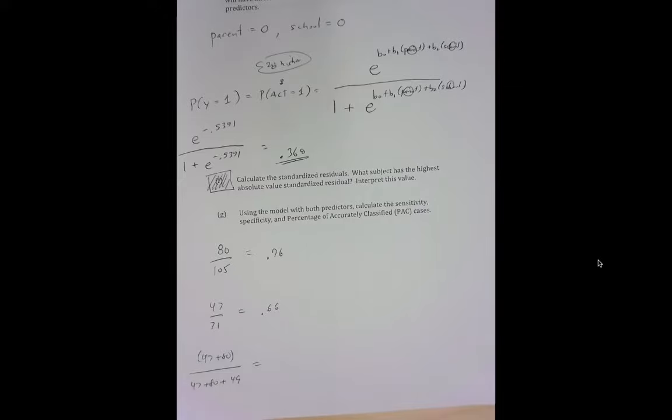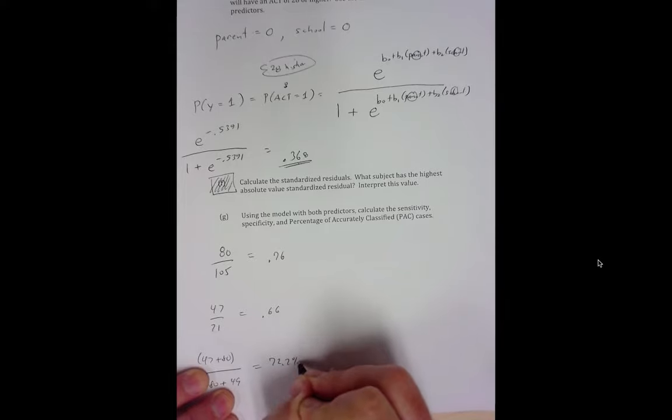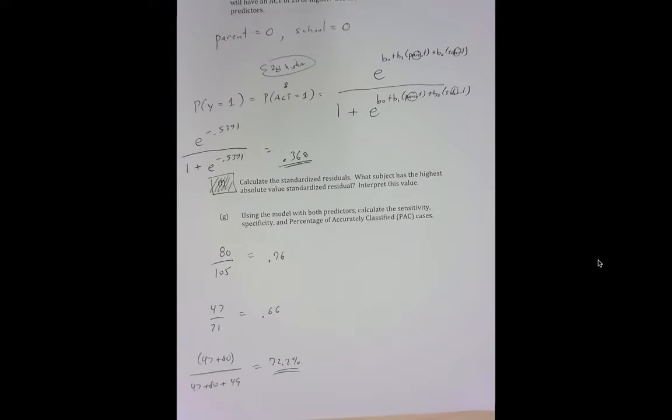So 72.2%. So if you were doing something in terms of a publication, that's a reasonable percentage of cases that are accurately classified by your model. So not too crazy.